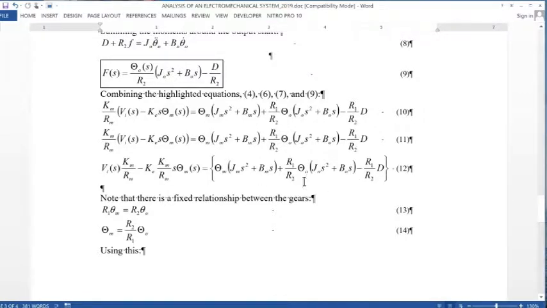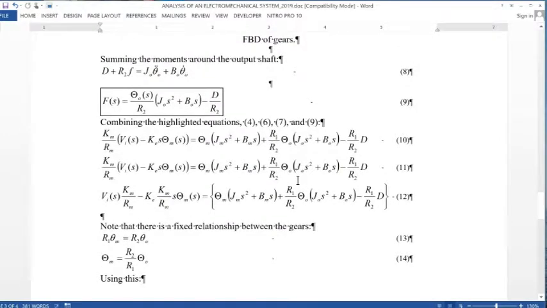And we're going to notice that in a perfect world, the gear train all moves as one piece. So if I look at R1 times theta of the motor, that also equals R2 times theta out, right?